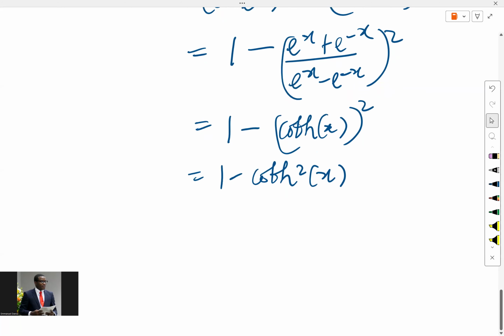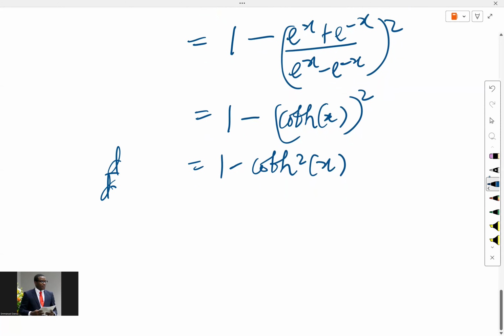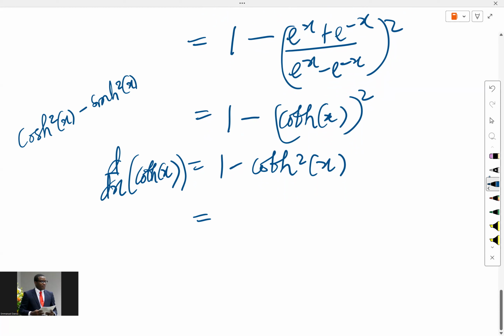So of course we are still talking about d dx of tanh x. So we know already that this is sech squared x right here. We know there's an expression that cosh squared x minus sinh squared x is equal to 1.